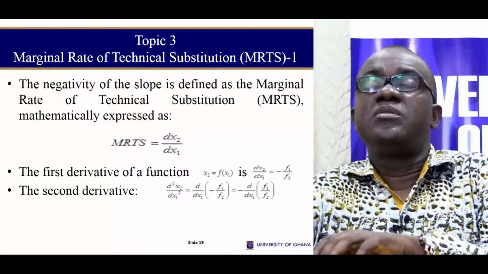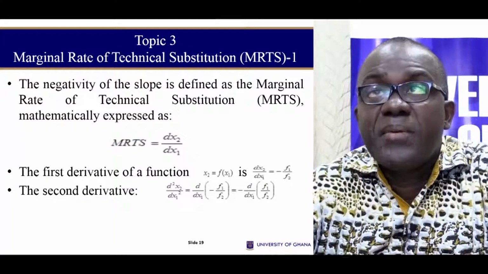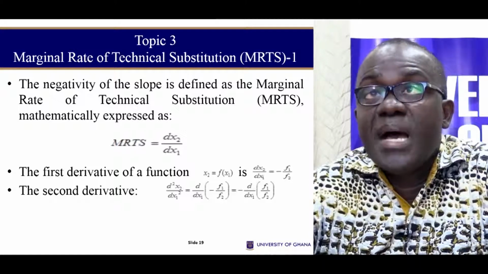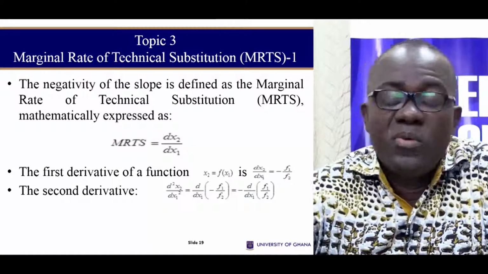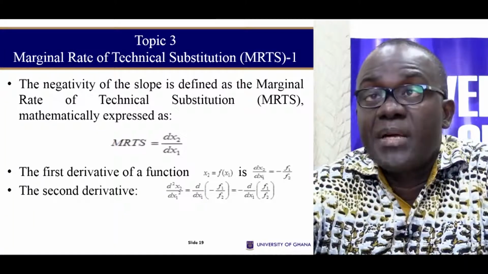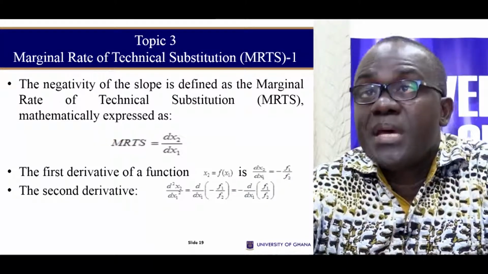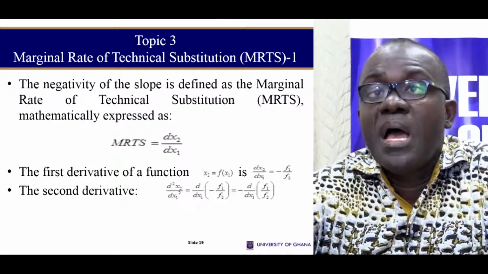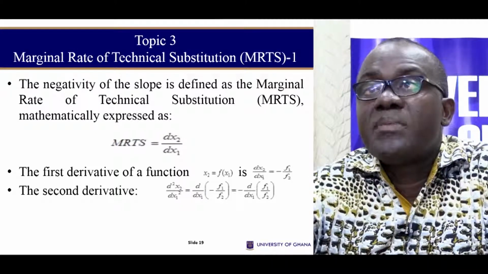One thing that we do talk about is the marginal rate of technical substitution of an isoquant. If you are moving along an isoquant, how much do you reduce one input and how much do you increase the other in order to stay at the same level of output?